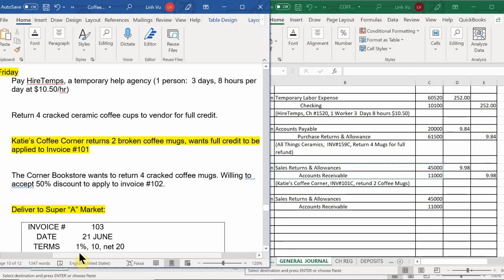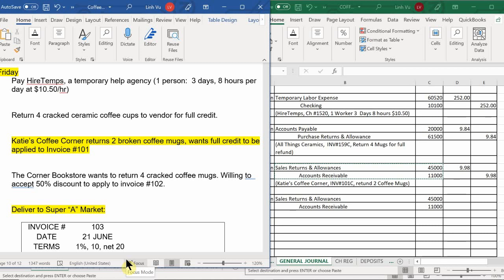Good. And we give him 50% of the price from those 4 cups. Is that right? Let's take a look again. What's the percentage? Willing to accept 50% discount to apply to invoice 102.